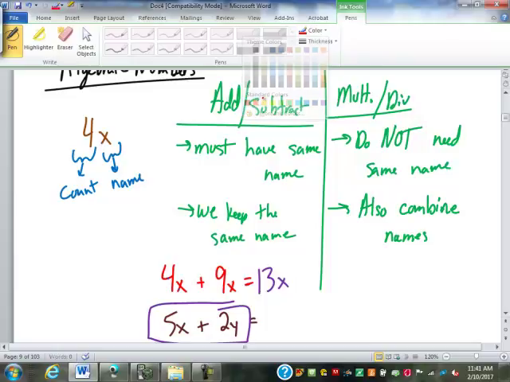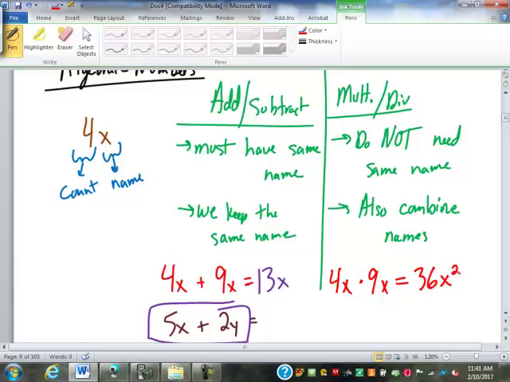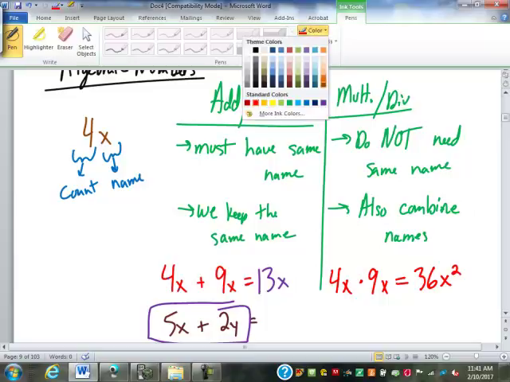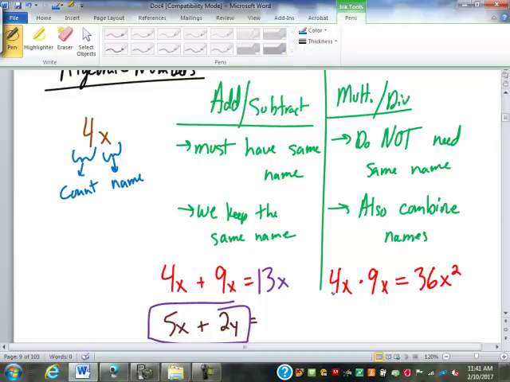So if I have my 4x times 9x, what do I get as a result for that? Heard somebody whispering it there. 36, and what for the variable? X squared, very good. Because when we multiply, we combine the counts.